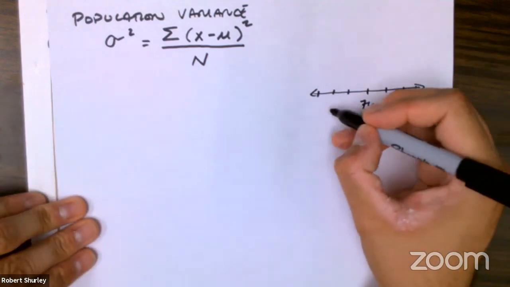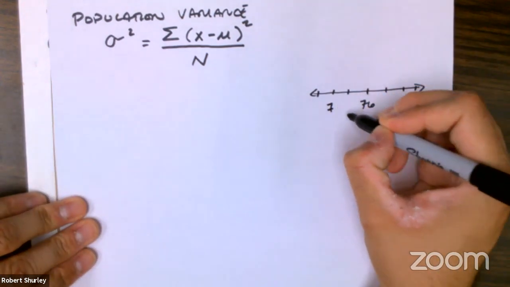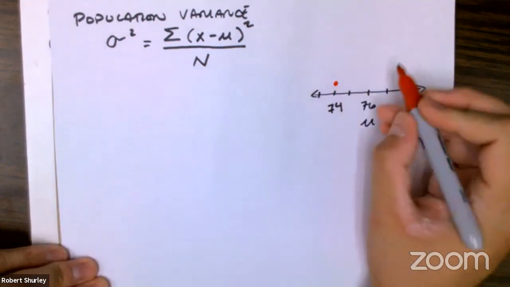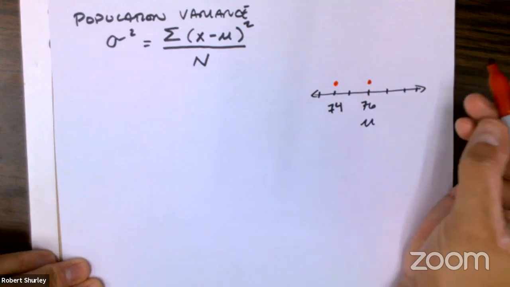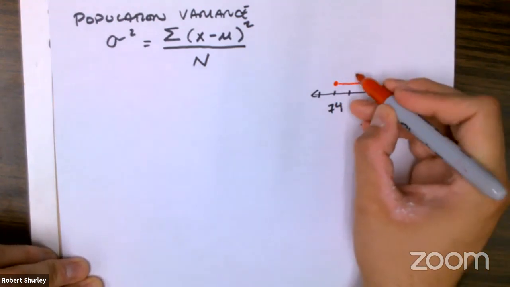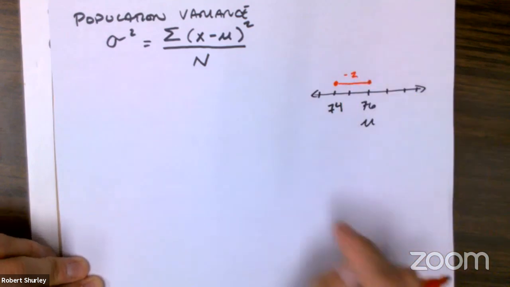Let's say someone makes a 74, they're right here. Well, we know the overall mean is 76. That difference right there is 2, right? It's really -2.